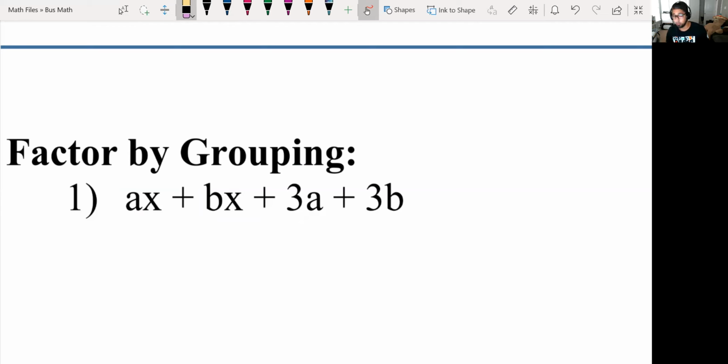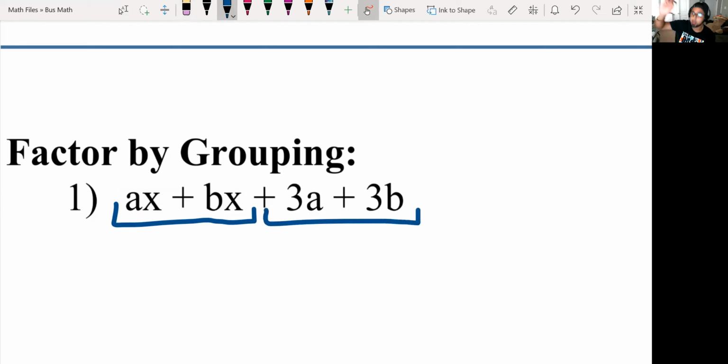And to factor by grouping, what we do is we group the first 2 terms, and we group the last 2 terms. And we look for a greatest common factor in our groups. So we will start with ax, bx.